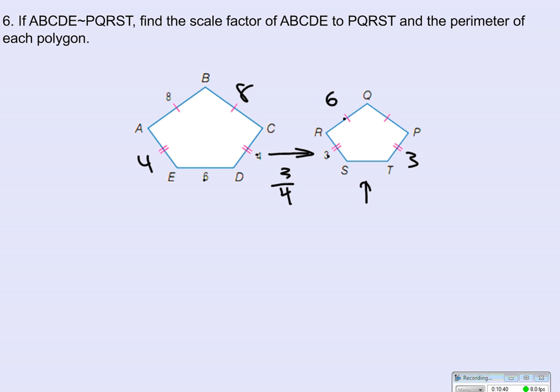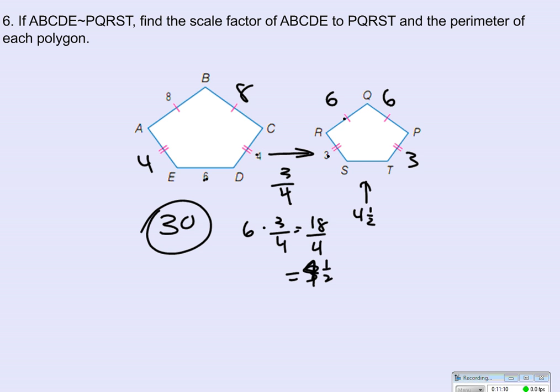Well, that means that this is 6 and this is 6. 6 times 3/4 will give you 18/4, which will be 4.5. So if I compare the perimeters, 6, 4, 4, 8, 8, 16, 20, so that's going to be 30.